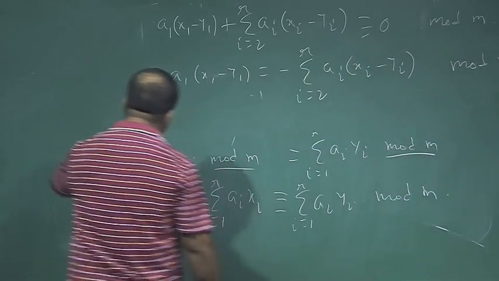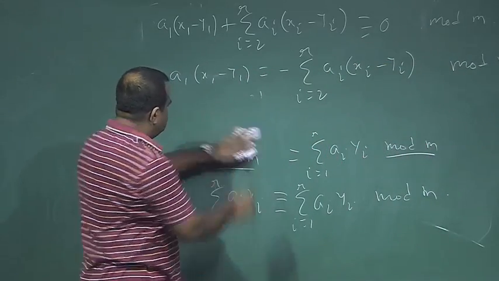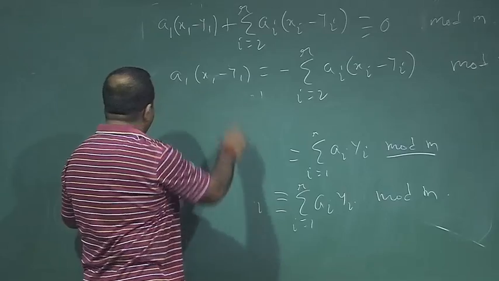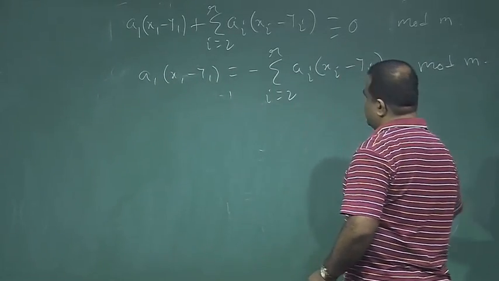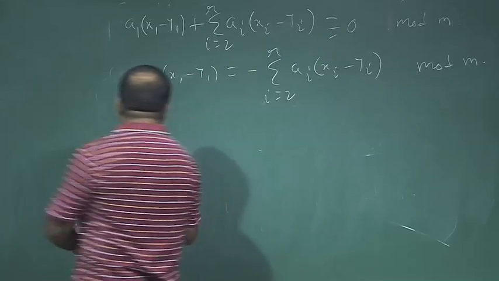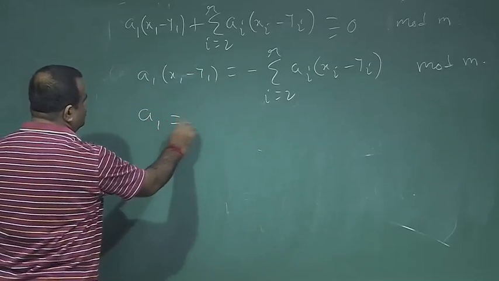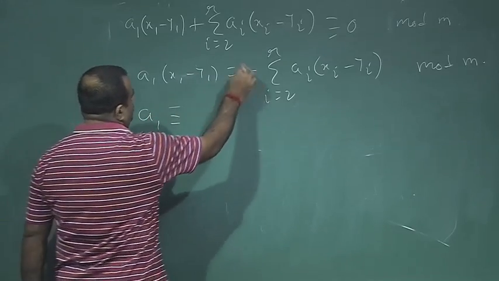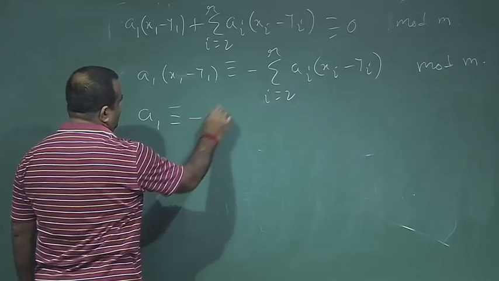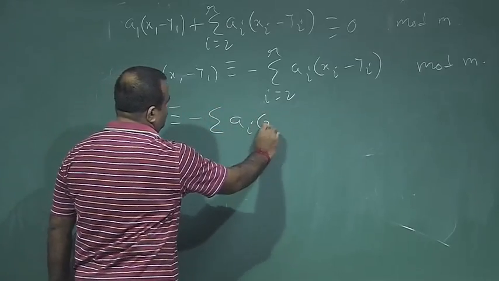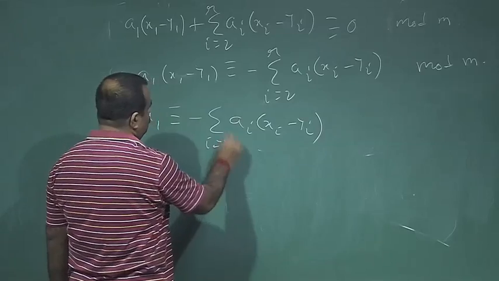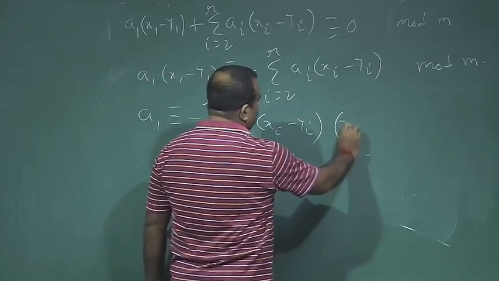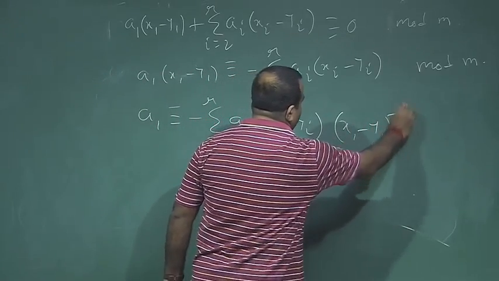Okay. Now we know x1 is not equal to y1. So x1 minus y1 is not equal to 0, and we can take its inverse. So a1 is congruent to minus the summation of ai (xi minus yi), i equal to 2 to r, times (x1 minus y1) inverse, mod m.